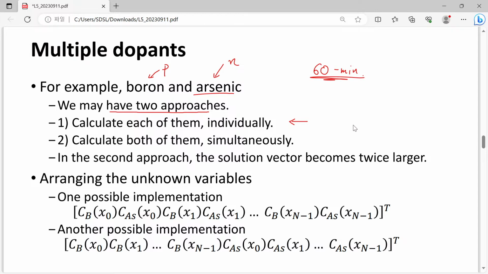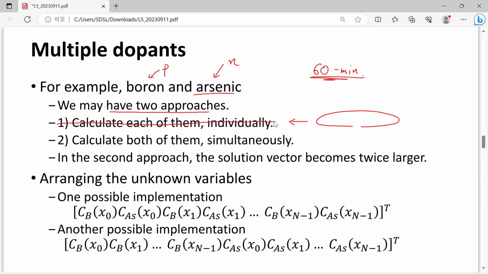However, everybody can understand this is really ridiculous and not suitable for realistic case. In the realistic case, they will be interacting to each other. The existence of boron and arsenic will affect the others simultaneously. So this is not a good idea.